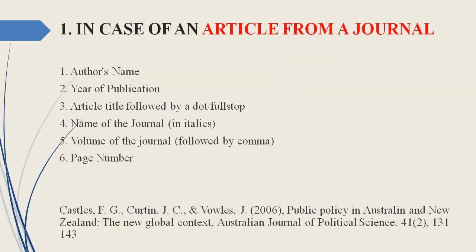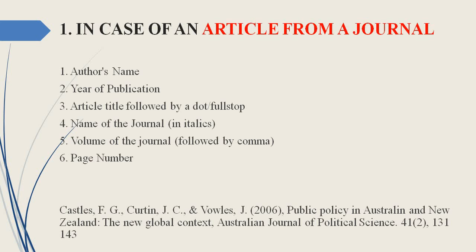Now, in case the article you are citing is from a journal, how will you write a reference? Let's learn. The first case is articles from a journal. What we require is the author's name, then the year of publication, third the article's title followed by a full stop, then the name of the journal in italics.